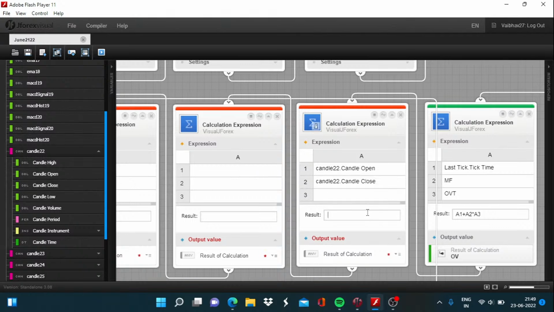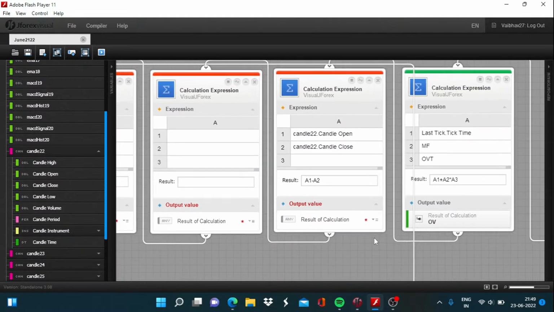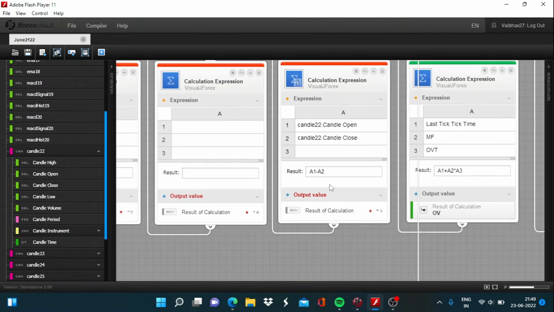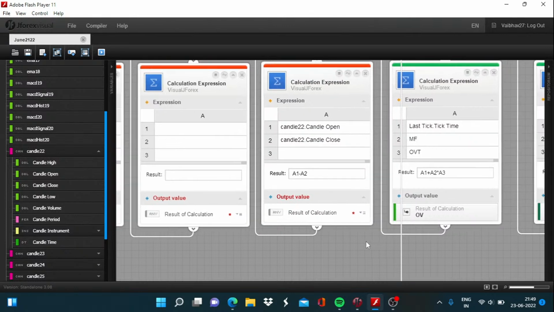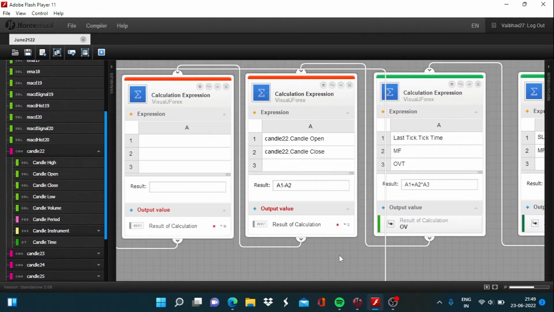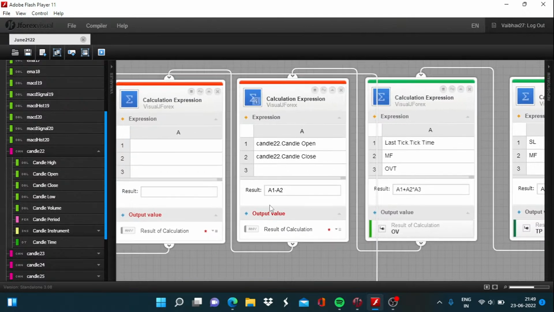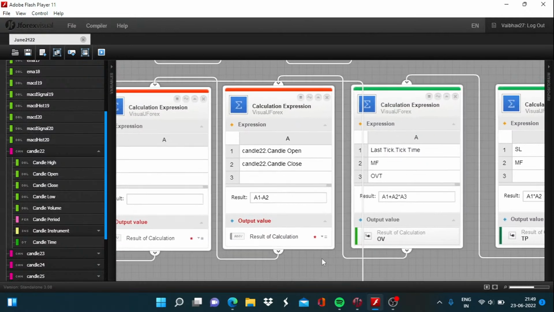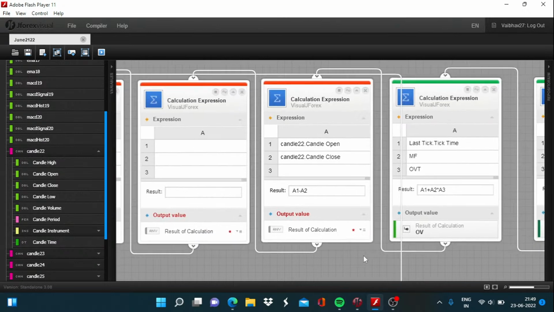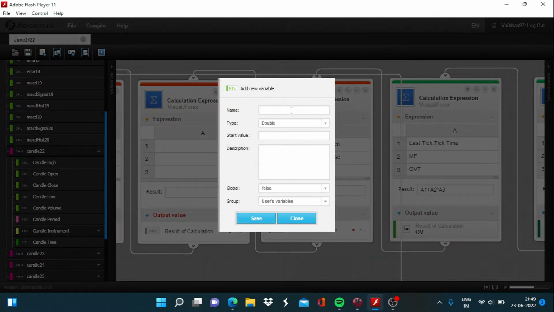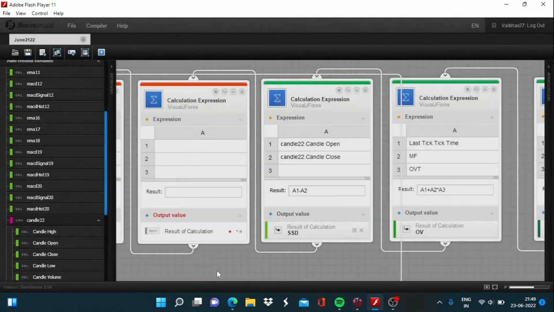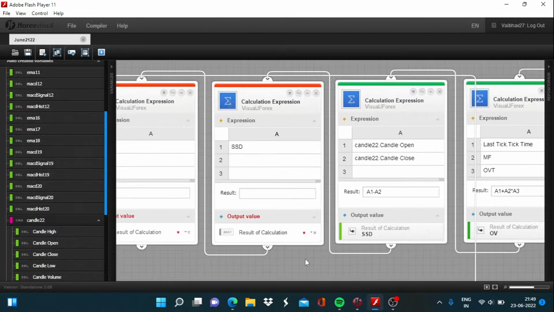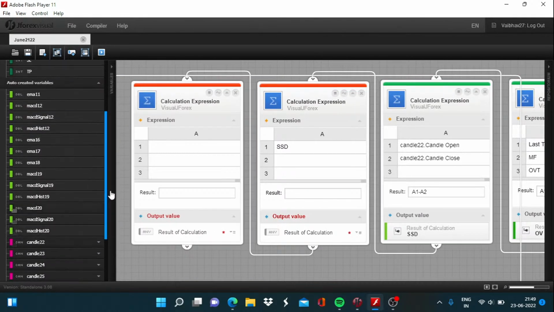The calculation will be A1 minus A2. Okay, so this will be A1 minus A2, and here I will name this SSD, and whatever is the actual difference we will take twice of it as the stop loss.